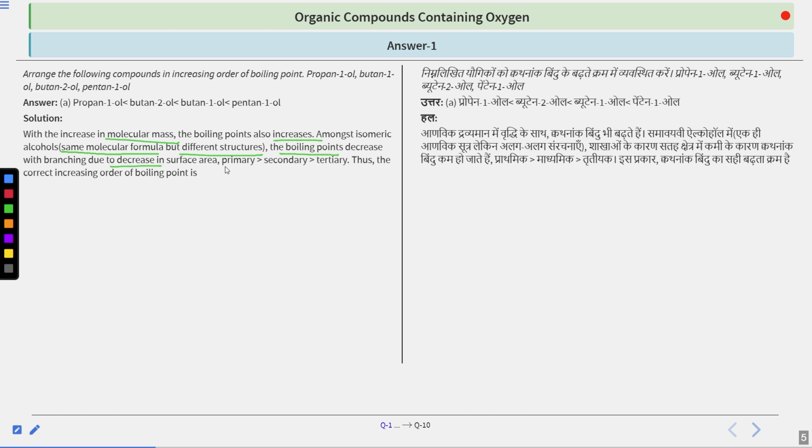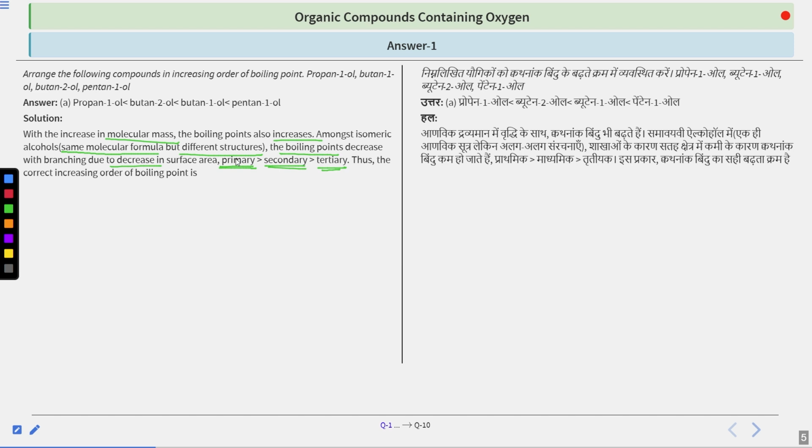If you see the primary, secondary, and tertiary, the primary has the highest boiling point, the secondary has the second, and the tertiary has the lowest boiling point. Why? Because in the tertiary, the branching is increasing. In the secondary, the branching is increasing, but less than the tertiary one.